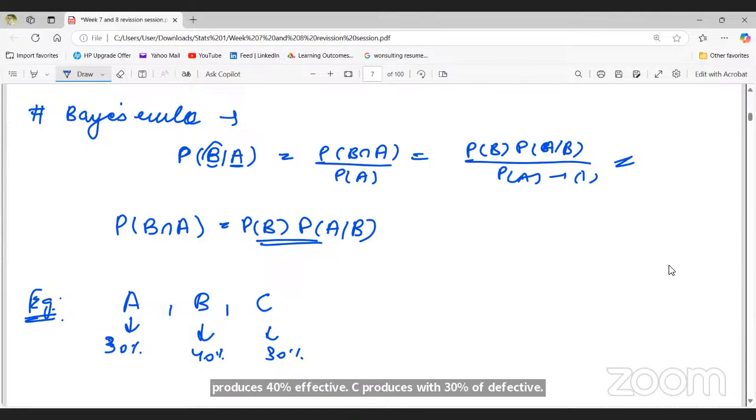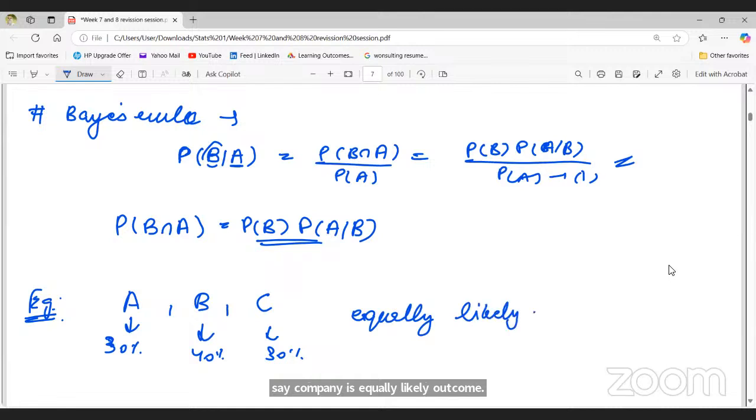Choosing a company from these 3 companies is an equally likely outcome. You know what is an equally likely outcome? All of them have the same probability of occurring. So choosing company A would be 1 by 3, B would be 1 by 3, and C would be 1 by 3, right?